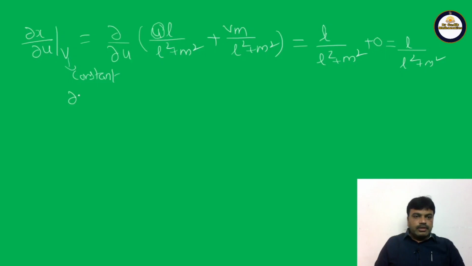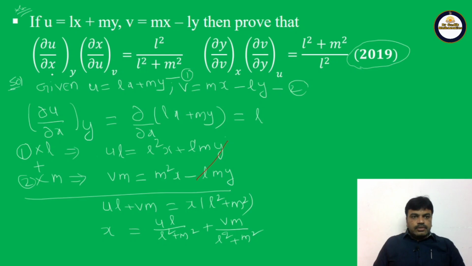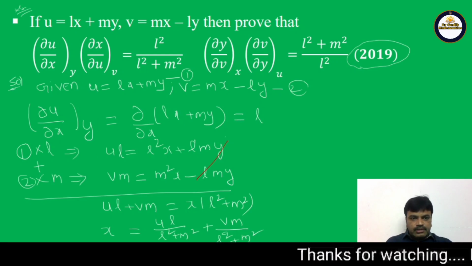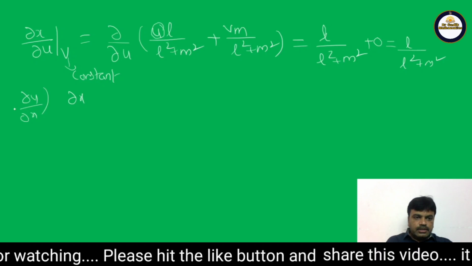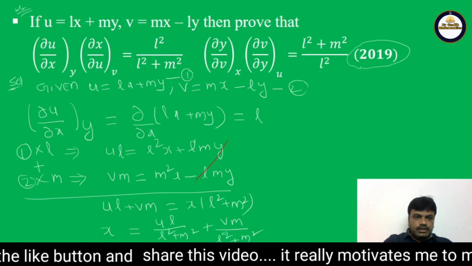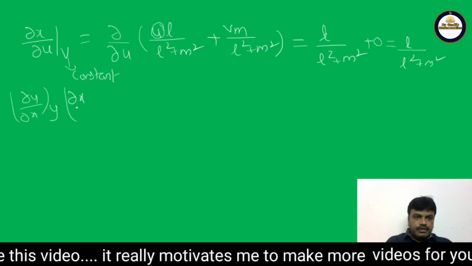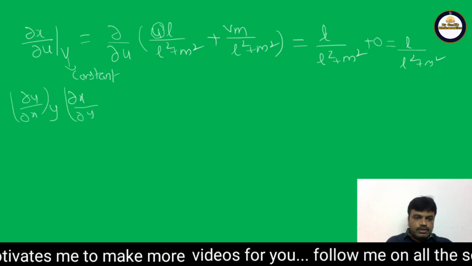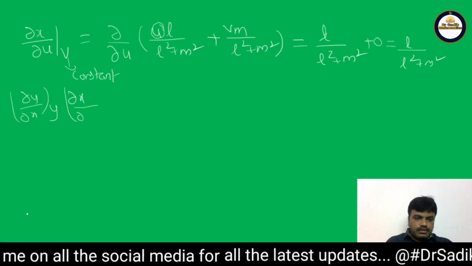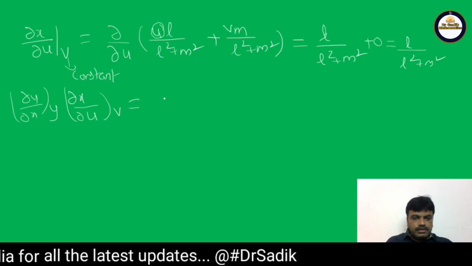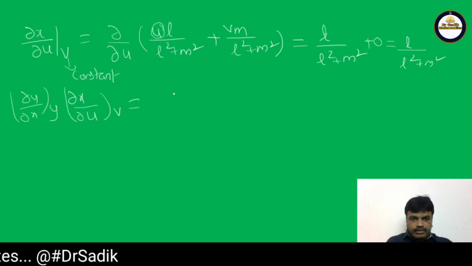That means we have to prove here ∂u/∂x at y times ∂x/∂u at v. The value of ∂u/∂x at y is L, and ∂x/∂u at v is L by L² plus m², so L into L by L² plus m², that is L² by L² plus m².